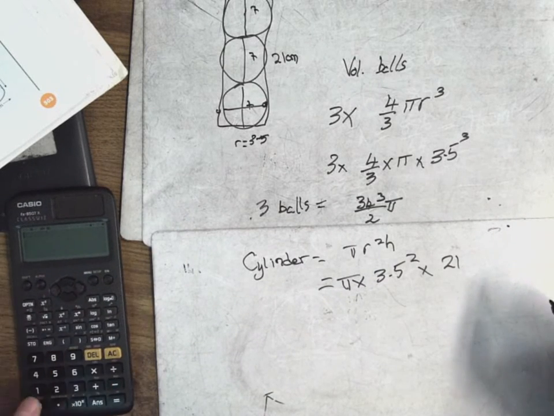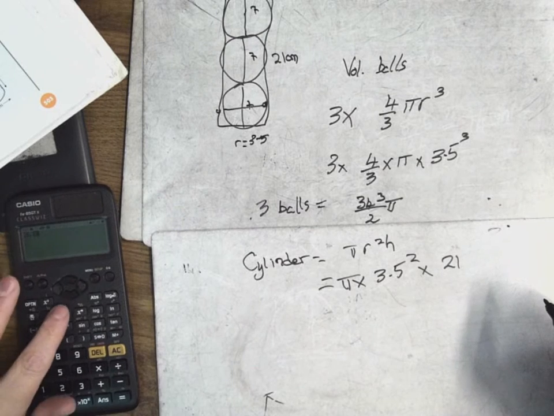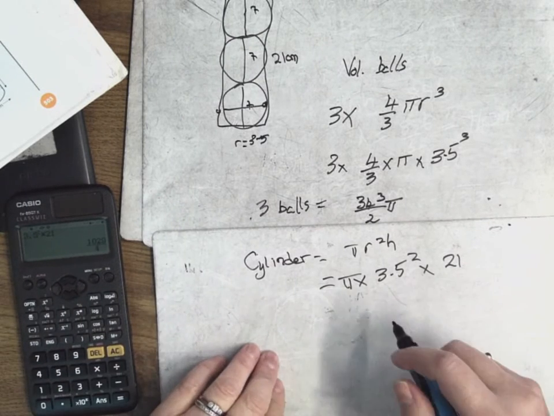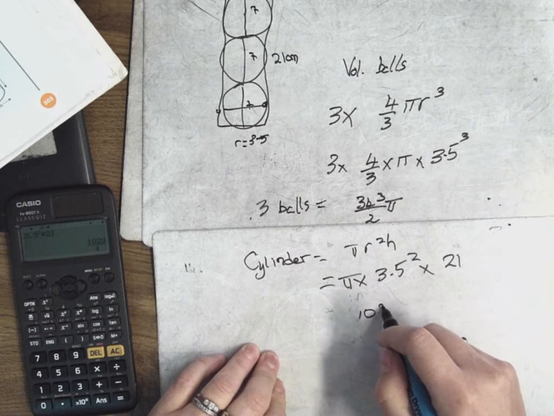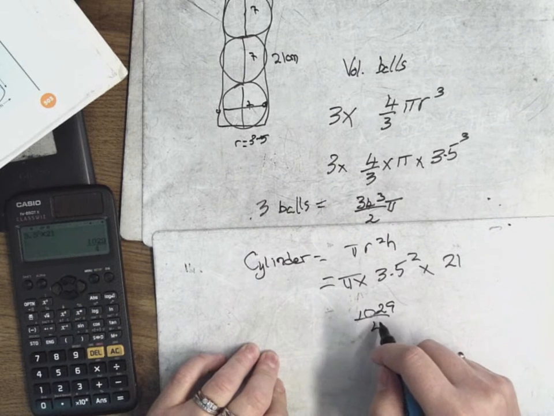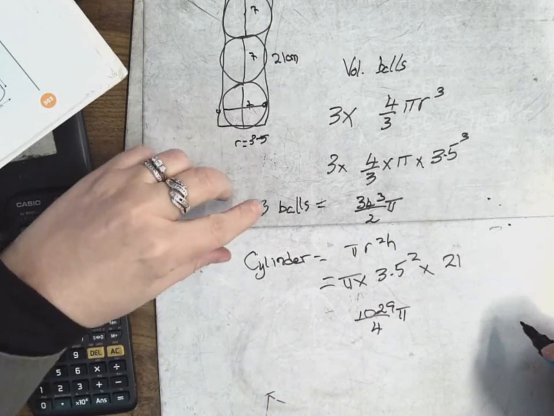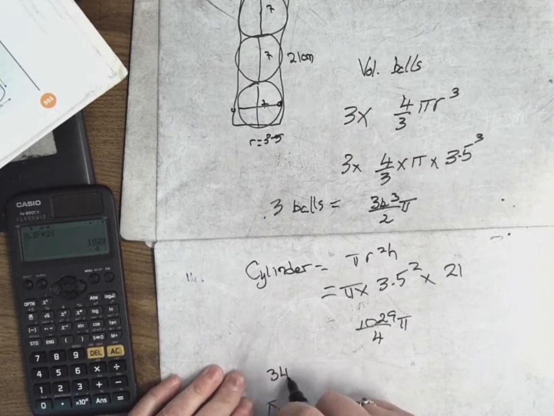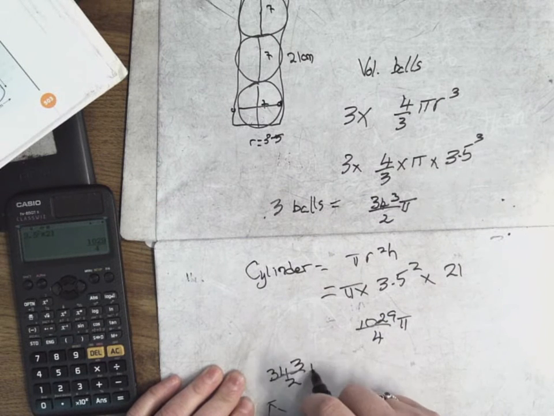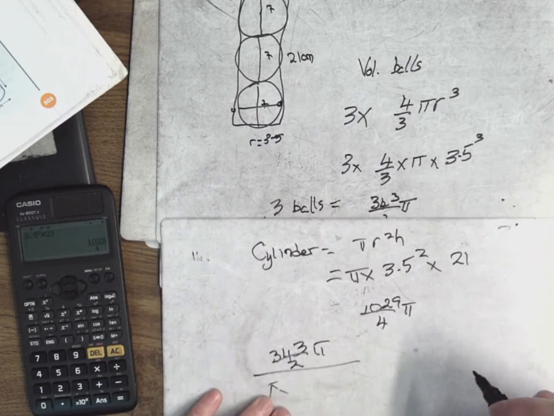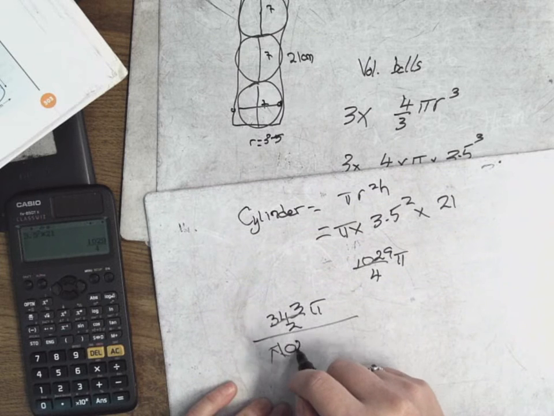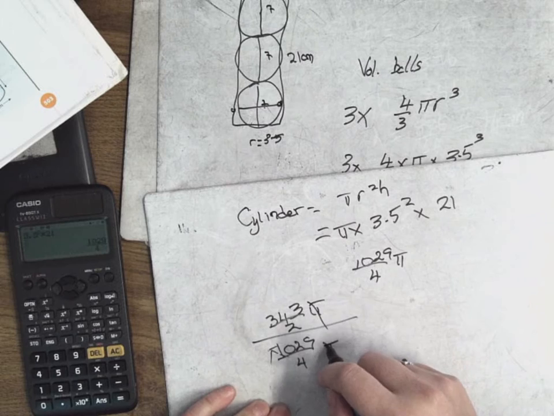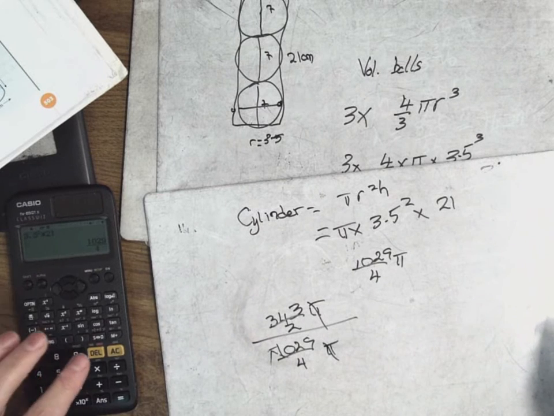So into the calculator with that, 3.5 squared multiplied by 21 equals 1029/4 pi. And you have to make that a fraction of that. So it's 343 over 2 pi all over 1029 over 4 pi, right? So it's a fraction over a fraction, just put it into the calculator.